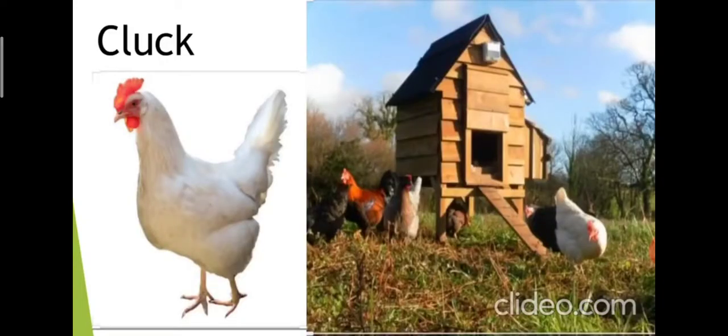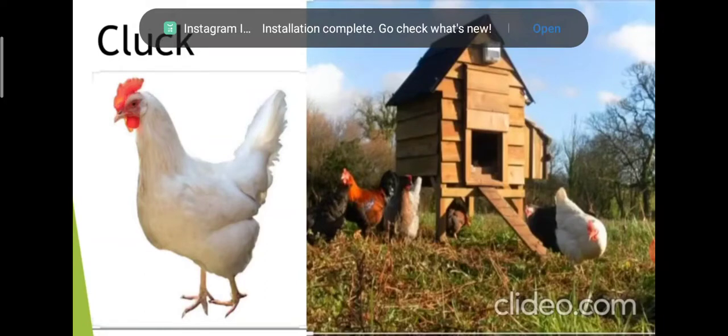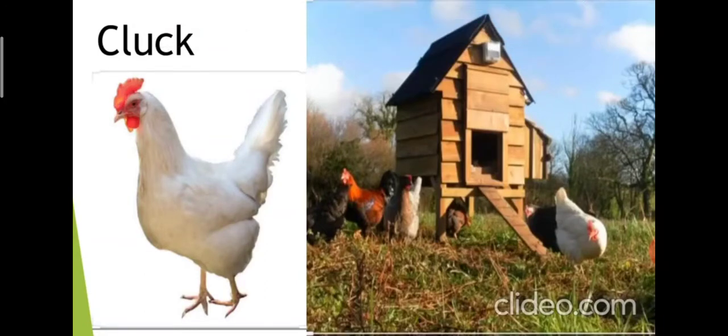Now students, what can you all see in this picture? Yes, this is hen. And students, hen gives us eggs. Very good. Students, on right hand side, that is the shelter of hen. The shelter of hen is called as coop. As we human beings stay in a house, we protect ourselves in house.